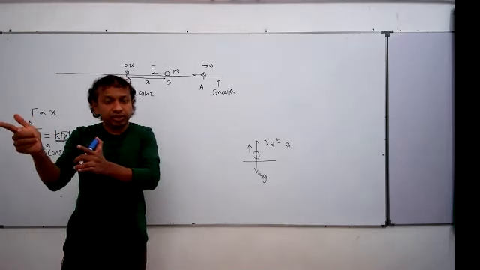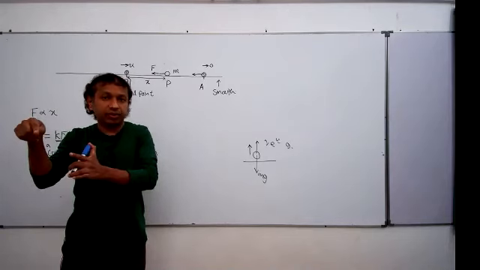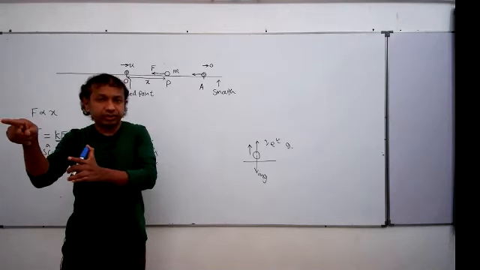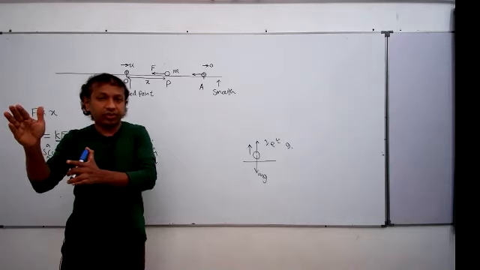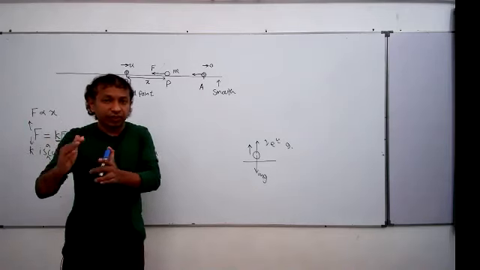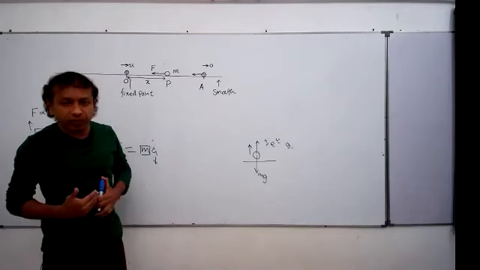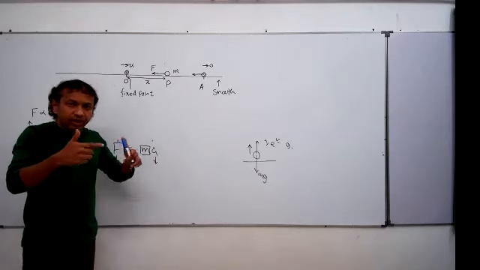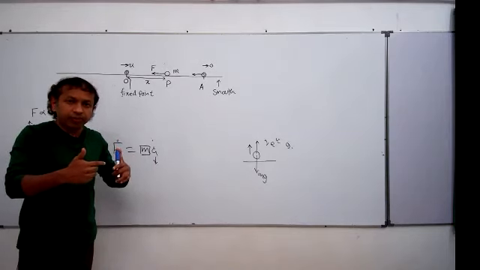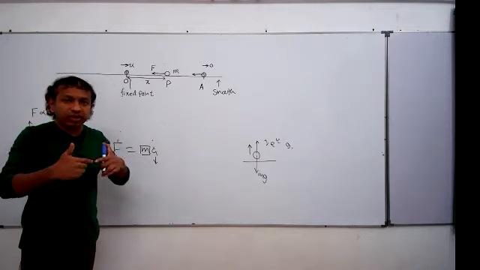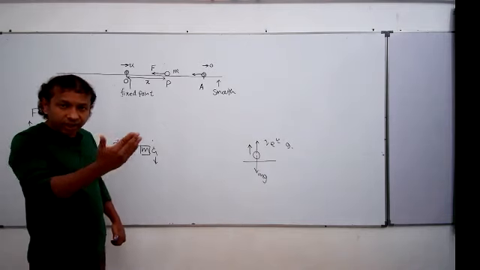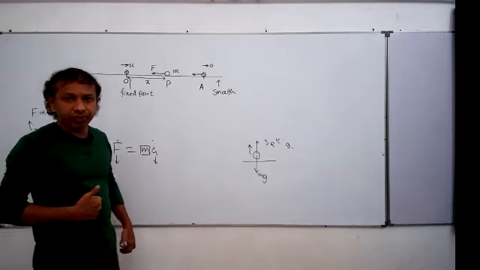In the third second, another 8 will add: 19 plus 8, 27. Like that, with time elapsing, the newly added amount of velocity gradually decreases. That's the meaning of acceleration decreasing.